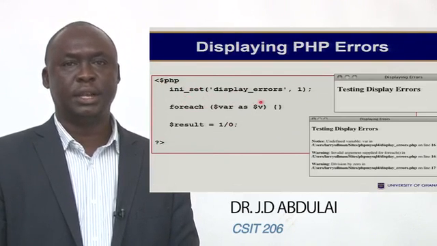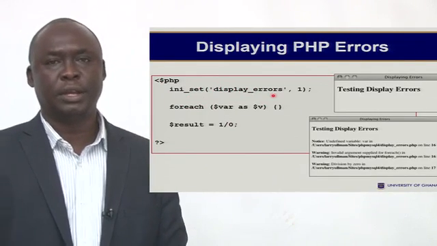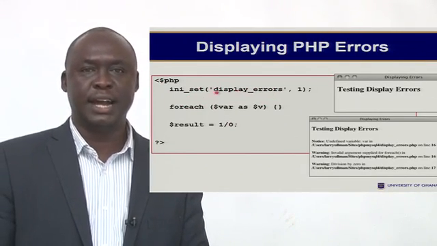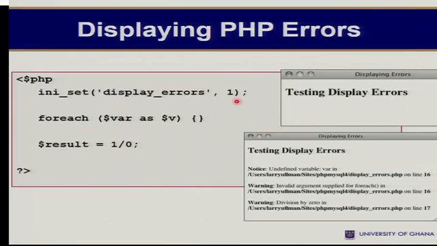This function specifies the display_errors directive, and we set this to 1. This is just to deliberately create an error. As you can see, I'm trying to divide 1 by 0, and this is not allowed. This is going to give me an error, so once this line is hit, the error will be displayed.